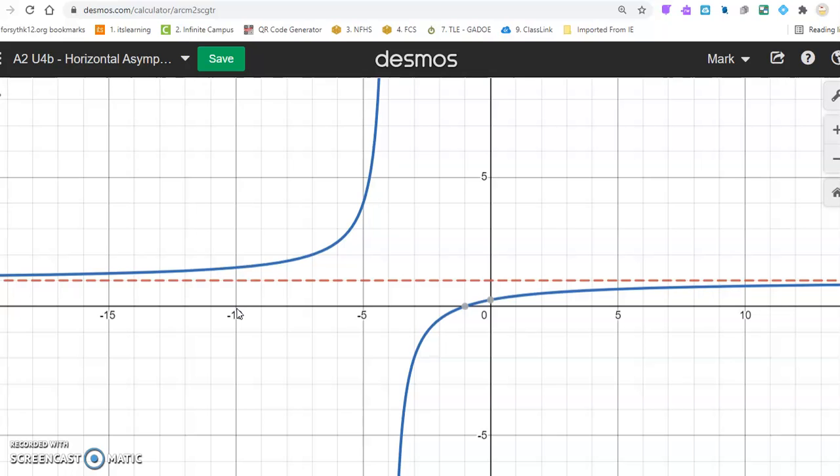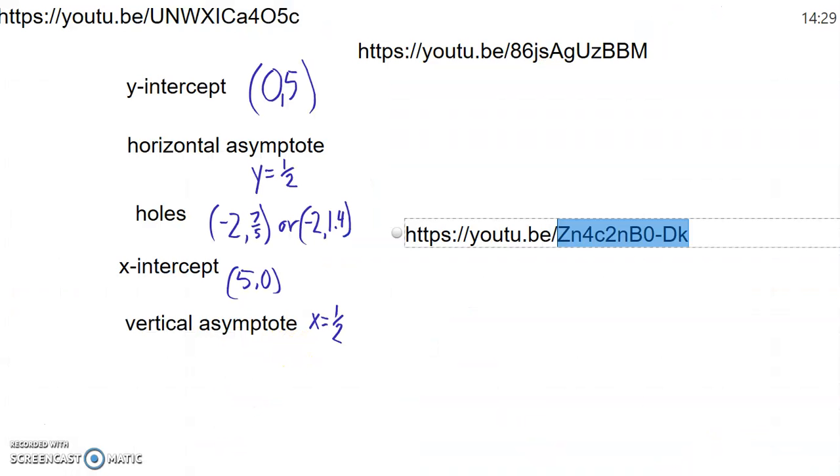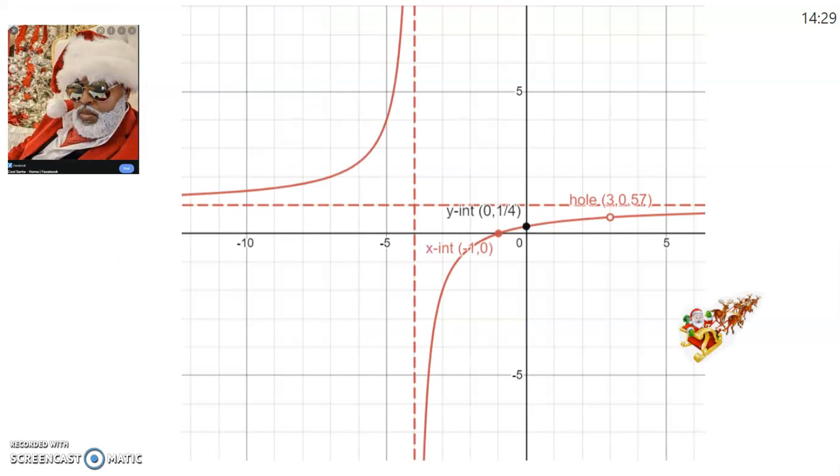Now, let me just show you how you write these end behaviors. All right, how do you write these end behaviors? On the left side of the graph, as x goes towards negative infinity, that's a way of saying as it goes left, what happens to y, or f of x?